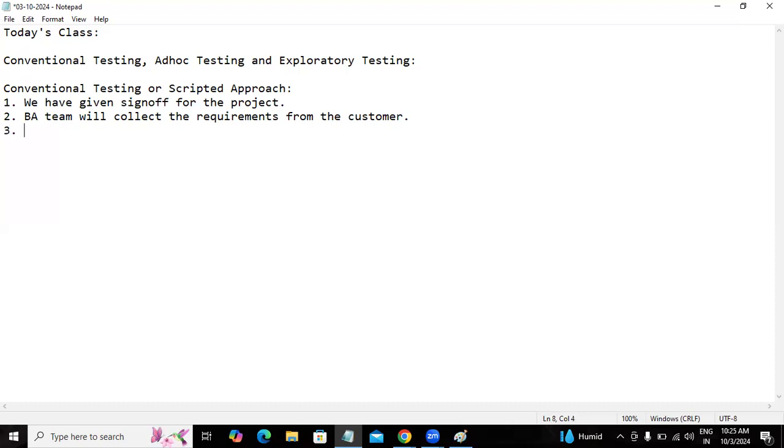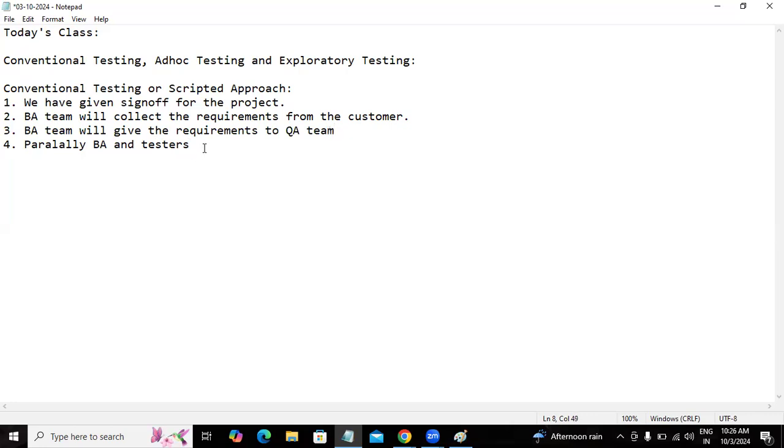Then the BA team will give the requirements to the QA team.